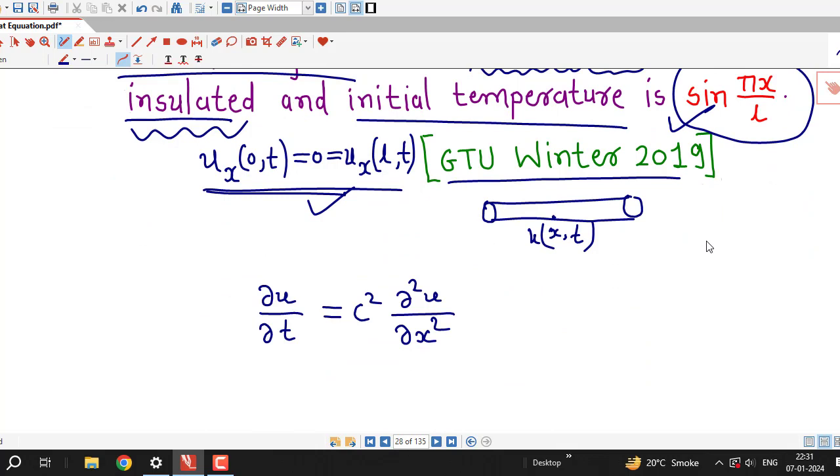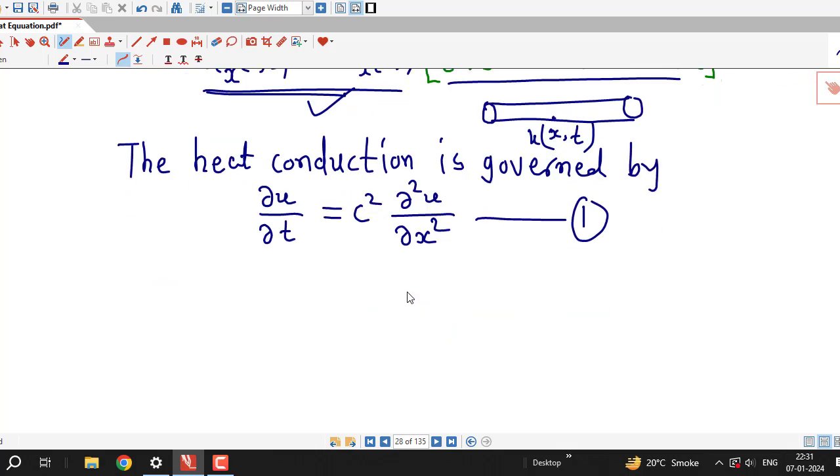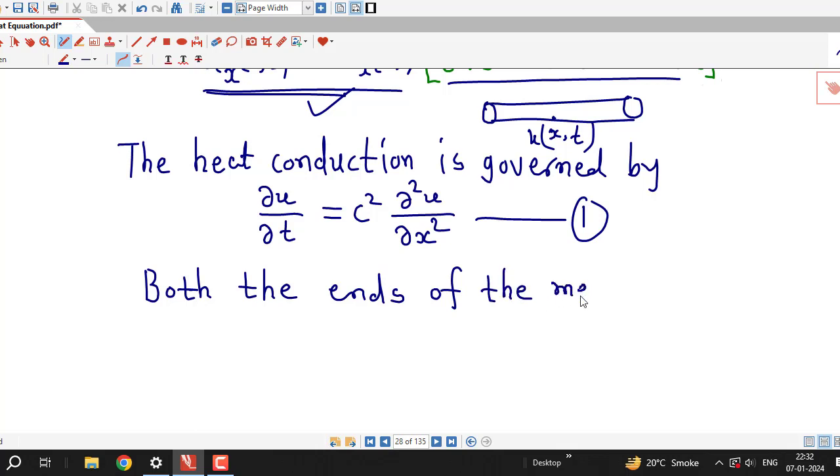So here first we start by writing that the heat conduction is governed by this equation, which is heat equation, and it is given that both the ends of the metal rod are insulated.